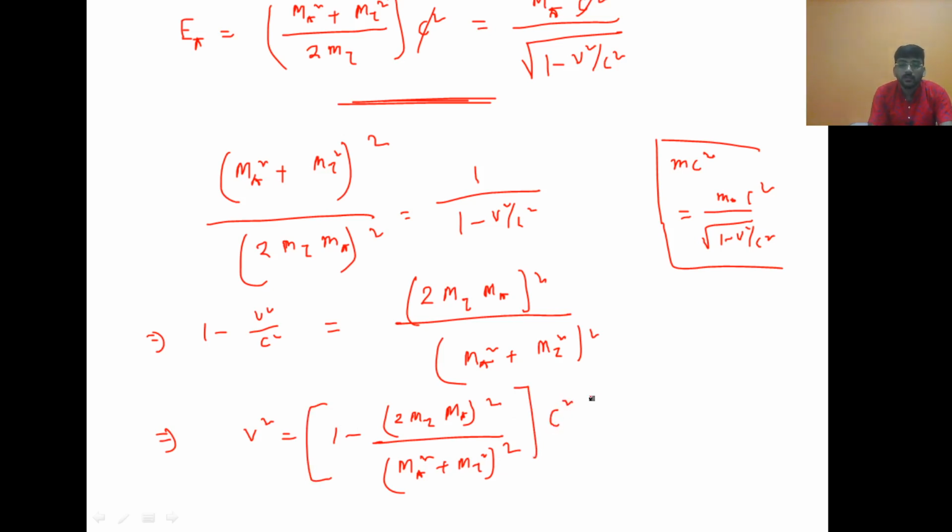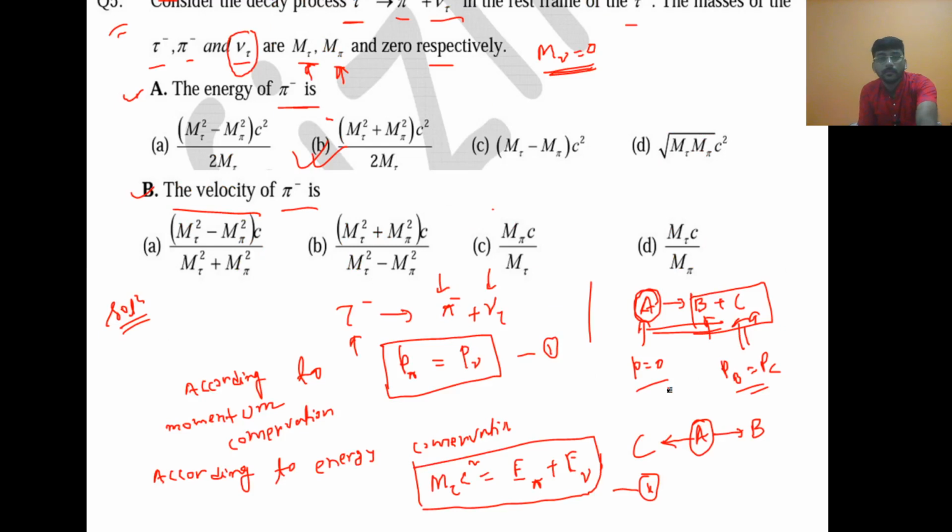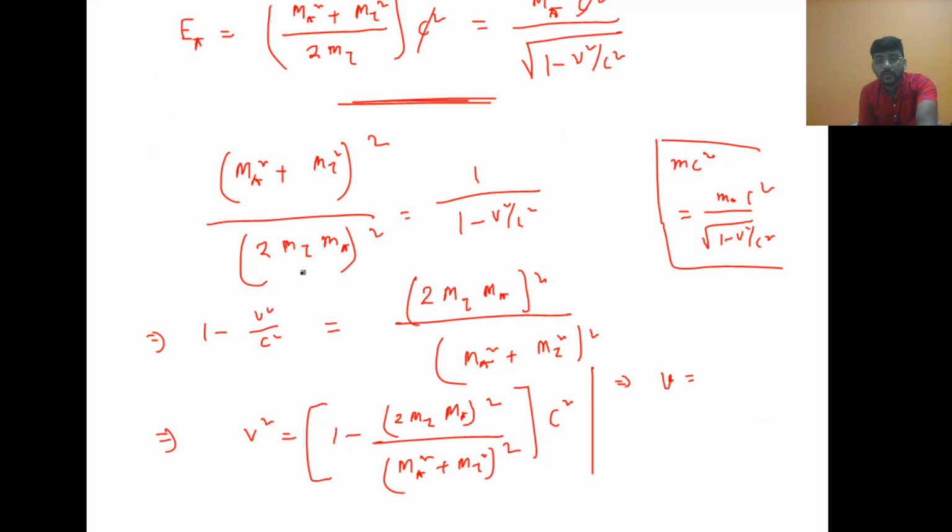Okay, so from here we can find v. As this is c square, if we take the square root, then we will get the correct answer.